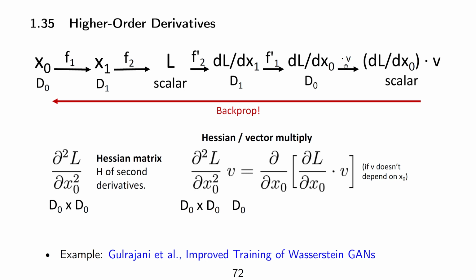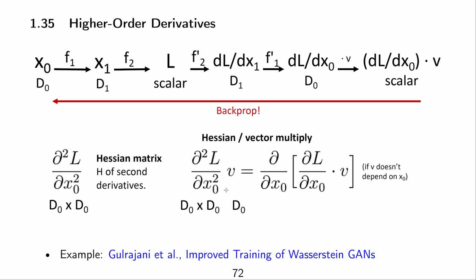And after that, we could add a function to this computational graph that computes the dot product with the vector v, and as output, again, we would get a scalar. So here we have a vector as output of size d0, and the inner product with v gives us a scalar. The output of this complete network then will be dl dx0 inner product with v.